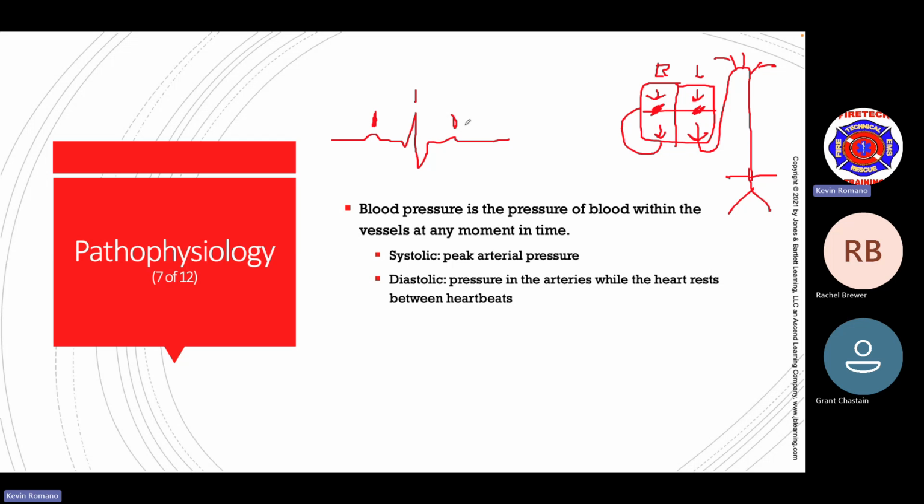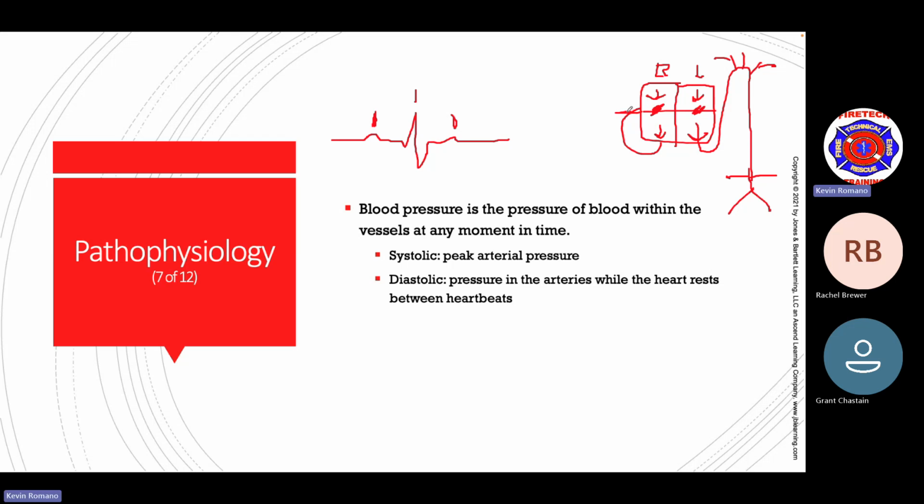That's your systolic and diastolic pressures. Diastolic pressure is pressure maintained within the arteries while the heart rests between heartbeats. During that repolarization phase, that's how much pressure is still in there. We want it right around 70 to 80. We really don't want a diastolic pressure higher than 110.